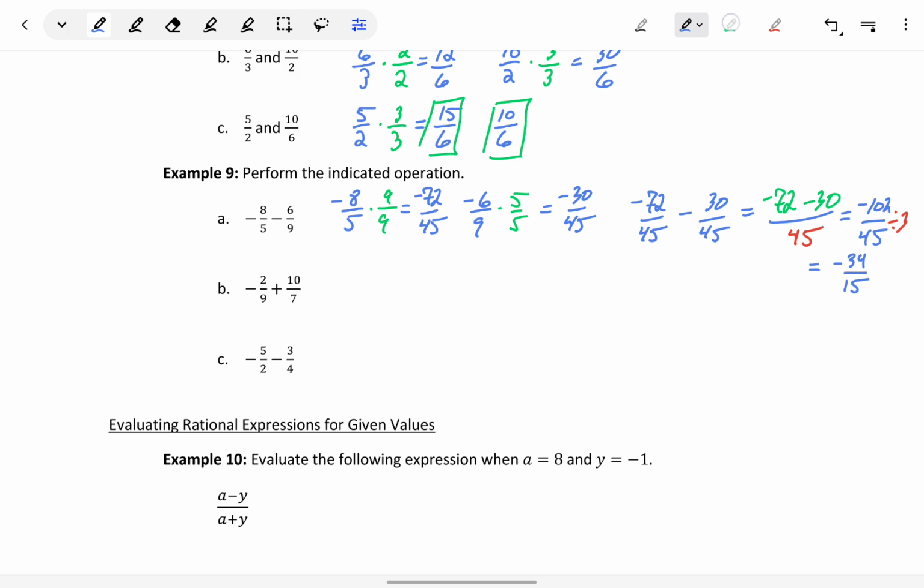In part B, we want to do the same thing. Our common denominator in this case would be 63. So the first fraction we need to multiply by 7 over 7. The second fraction we need to multiply by 9 over 9. And our new problem would become negative 14 over 63 plus 90 over 63.